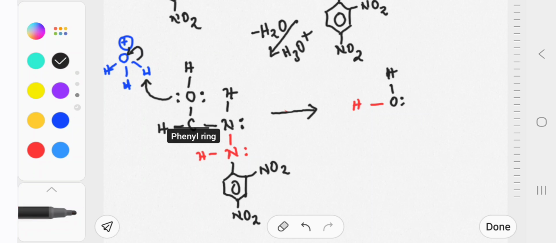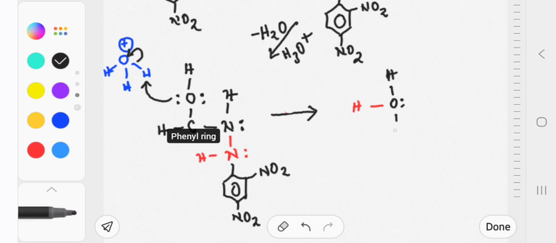Then you can show all these: carbon, hydrogen, this is nitrogen, these bonds. Then you have hydrogen here. Remember, this is nitrogen, and these are those two electrons.